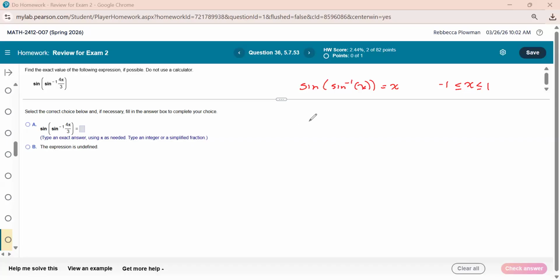So if you look, my x, sorry, my x is going to be 4 pi over 3, which is 1.189. We'll just round it to there. So this is not between -1 and 1.